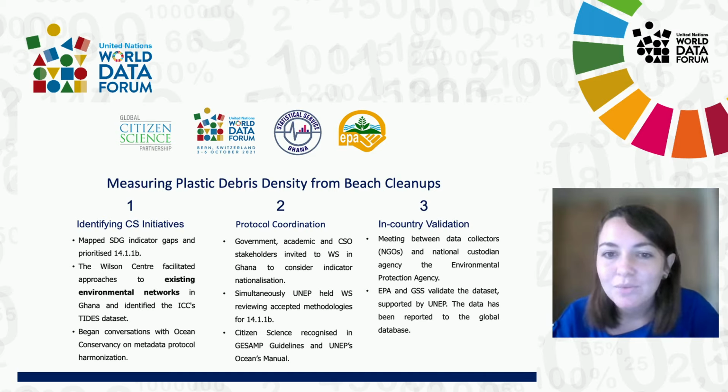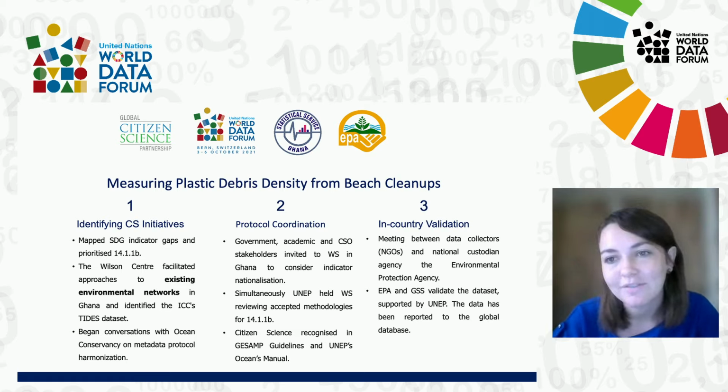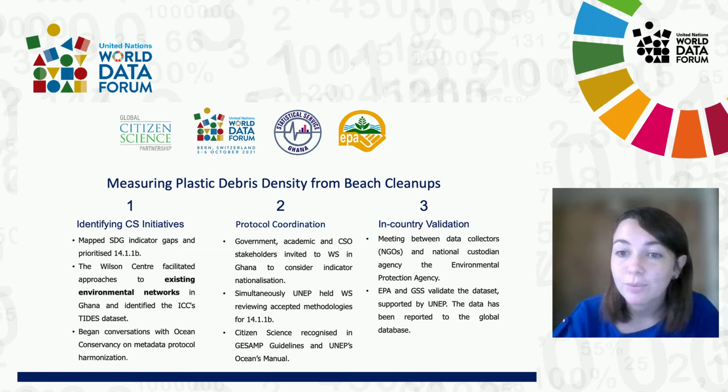We started working with the International Institute for Applied Systems Analysis after reading the research that has just been presented to us. We prioritized Goal 14 and mapped an existing solution for indicator 14.1.1b. Then the Ghana Statistical Service, as the coordinator of the national stats system, brought in the Environmental Protection Agency, who are the country's custodian agency for Goal 14 and have the mandate for reporting on 14.1.1b.